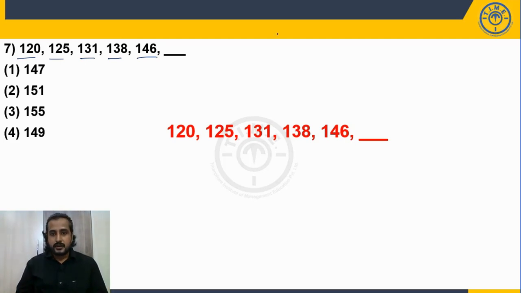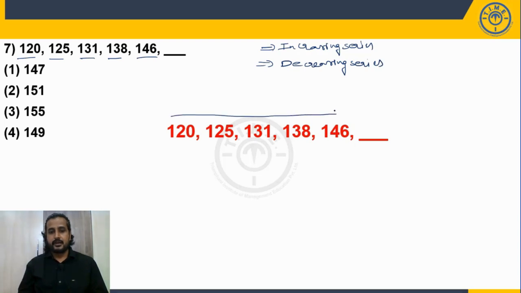If it is not, you need to observe 2 points. Are the given numbers in an increasing series or a decreasing series? Now, is it increasing or decreasing? Increasing. Now, when it is increasing or decreasing, again we need to observe 2 points: whether it is increasing gradually or increasing rapidly.